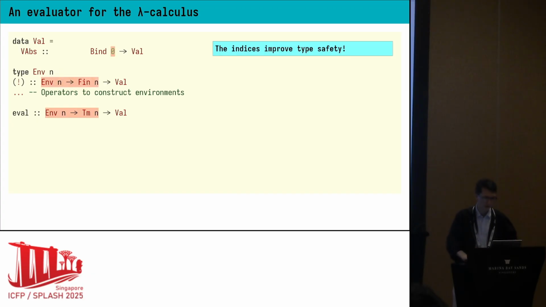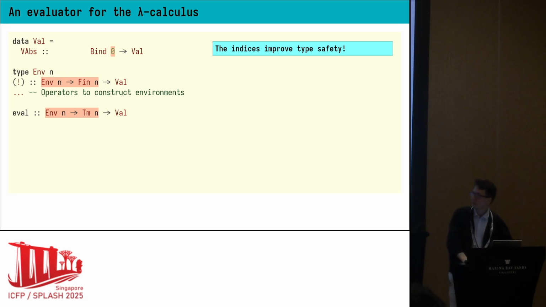And here you can already see the benefit of indexing all of our types by a natural number. We have this extra type safety. As I said, we can force values to be closed. And in my evaluator, I can enforce that my environment maps every variable in my term to some value.